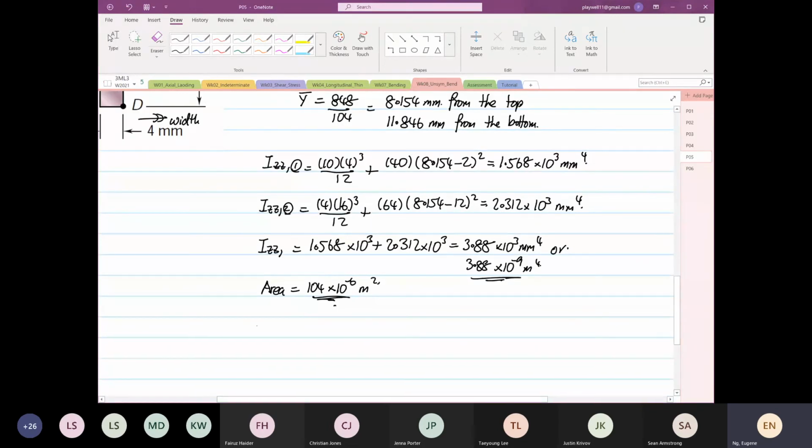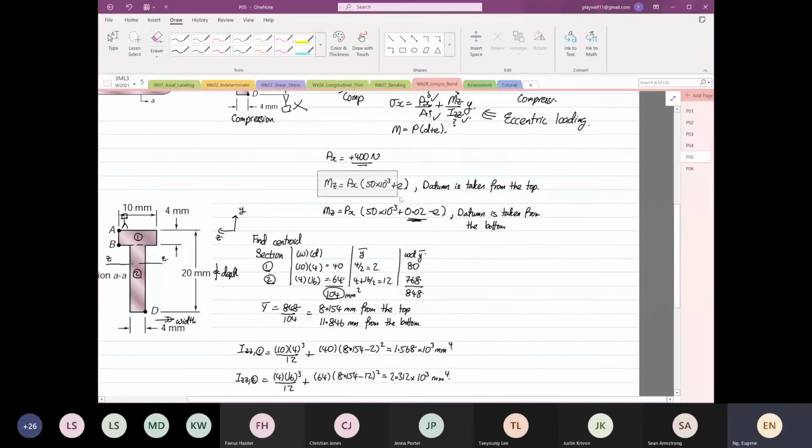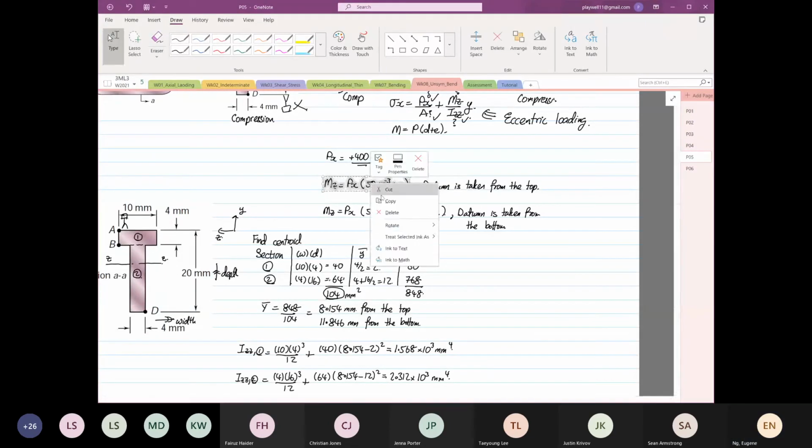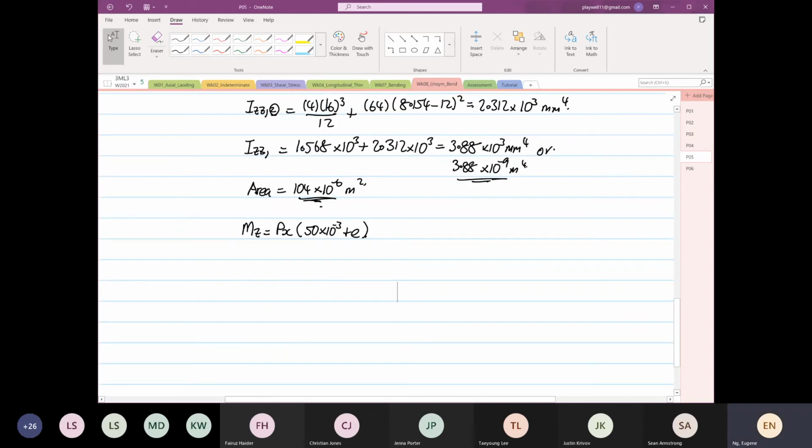So now we also can find our MZ. If we were to recap, our MZ is equal to what? We are going to use this formula. That's why I say taking data from the top is so easy.